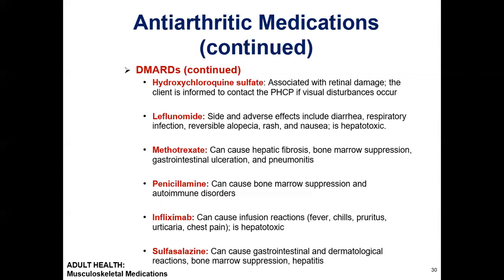And we have to check the organ function tests, kidney function, liver function. The last drug here is called sulfasalazine. Sulfasalazine can cause gastrointestinal or dermatological reactions, bone marrow suppression, or hepatitis.